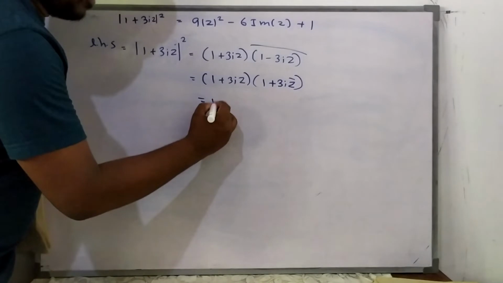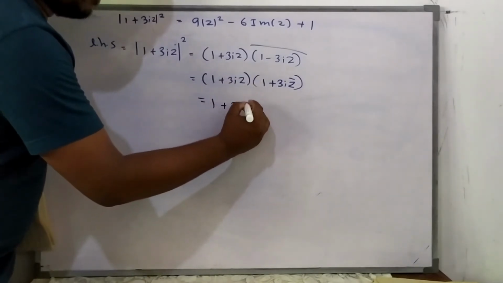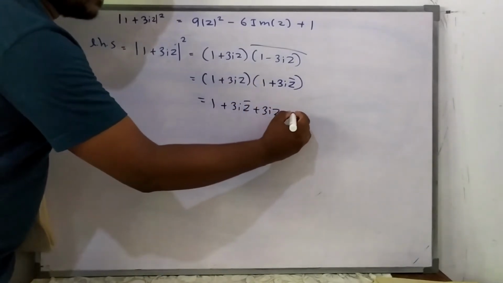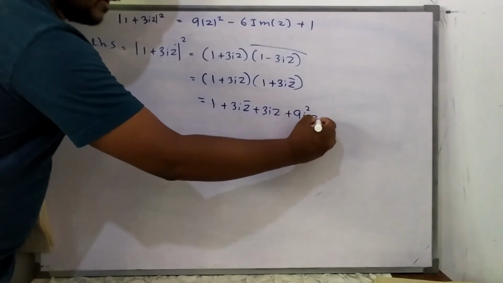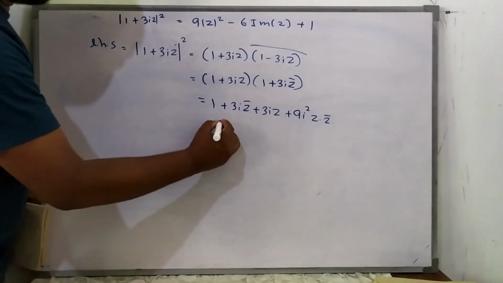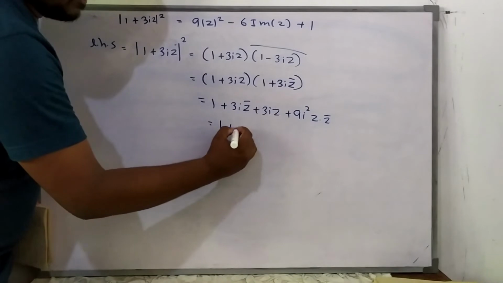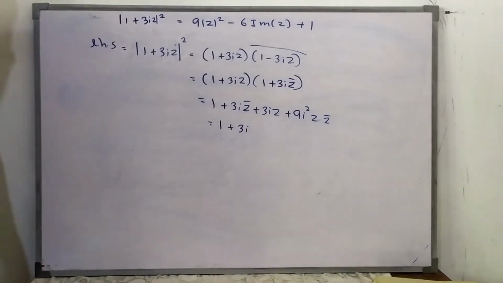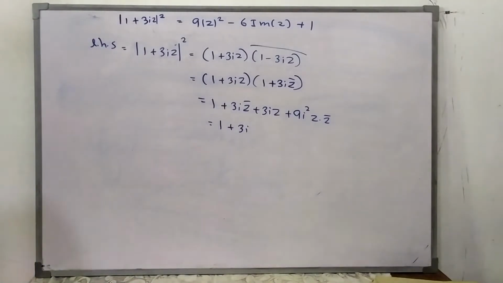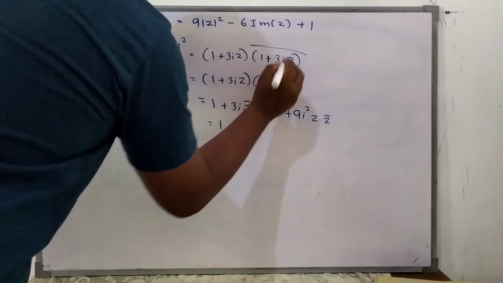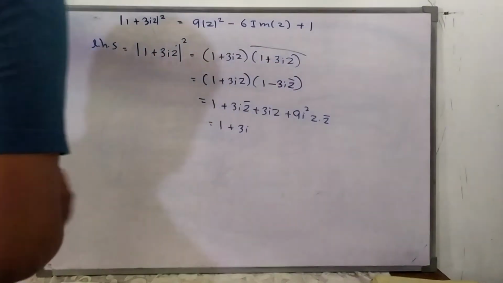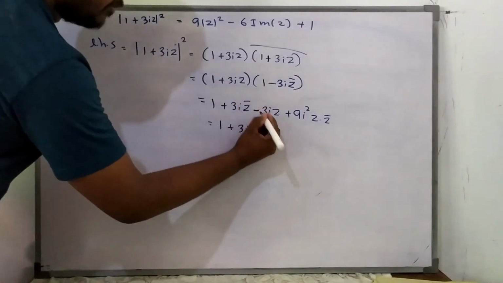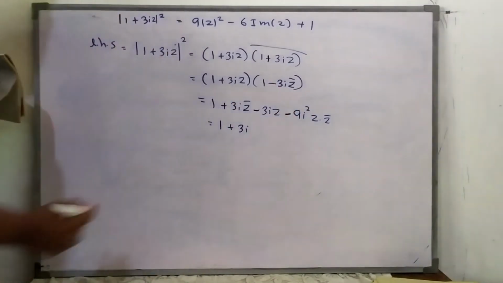Then 1, 1, 1, 3i z bar, 3i z, 9i squared z into z bar. I'm sorry, this is plus, right? This is plus, then it becomes 9 minus, and also here minus 9, right?